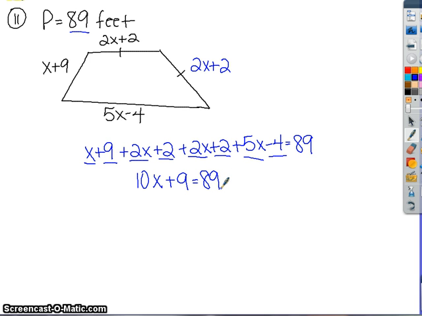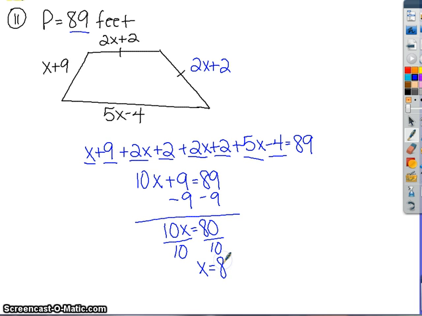All right, now we can go through our solving equation steps to get us the rest of the way. Minus 9 from both sides. So 10x equals 80. And then we divide. So it looks like x is 8.